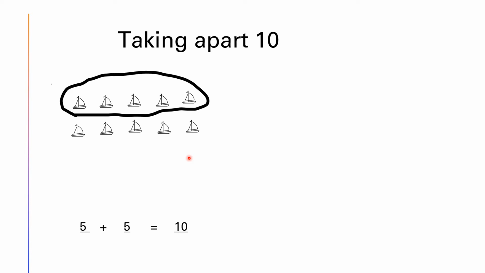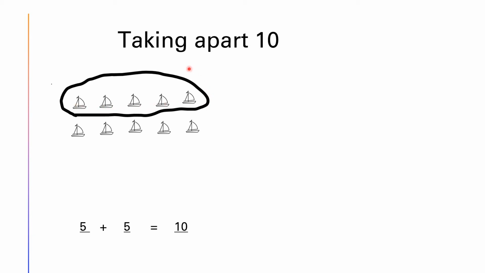Now we need to make sure that we can find the two number parts that make 10 in this picture. Inside of our circle, we have how many sailboats, kindergarten? 5, and we almost don't need to count, but we can check just to make sure. 1, 2, 3, 4, 5.